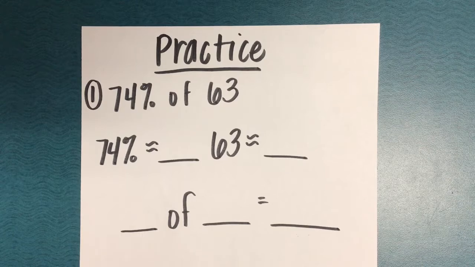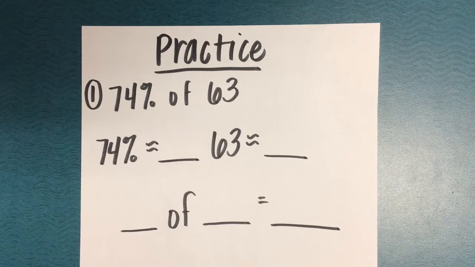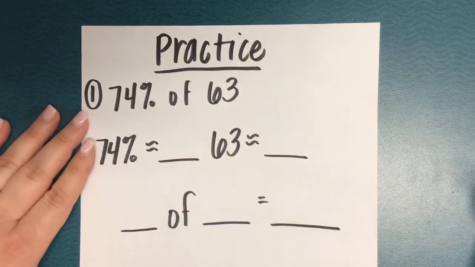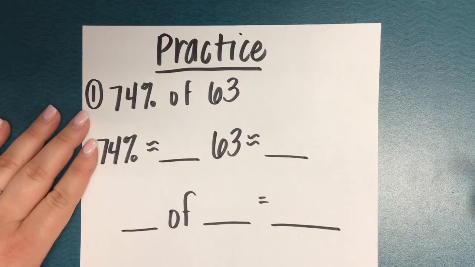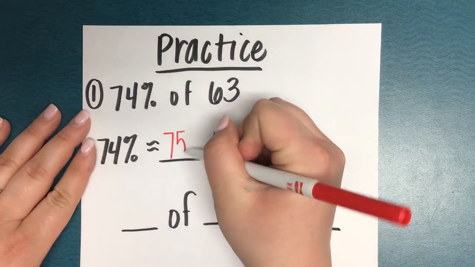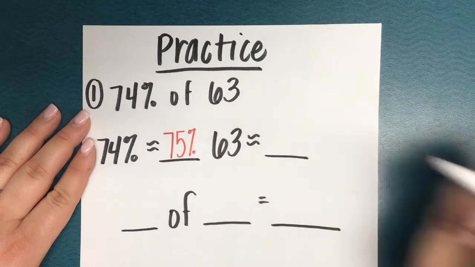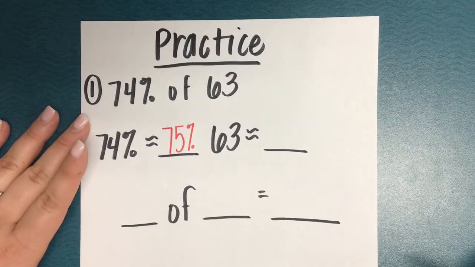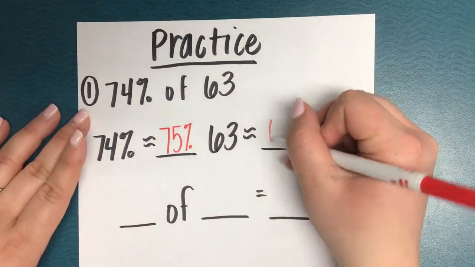This is out of your book, and it is 74% of 63. I'm going to use compatible numbers to figure out this problem. 74%, I know is close to 75%, and 63 is close to 60.